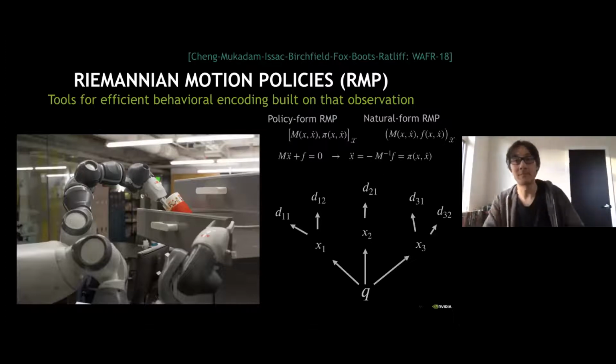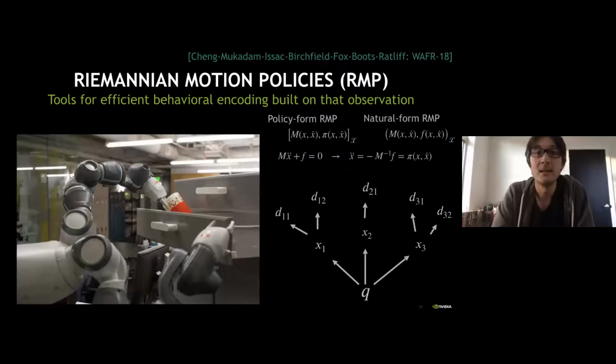So our first step with this was just writing down differential equations and starting to study the structure of those differential equations and looking into how we can start deriving or designing these behaviors by hand, so that they can express complex behavioral systems that can actually work really well in practice.